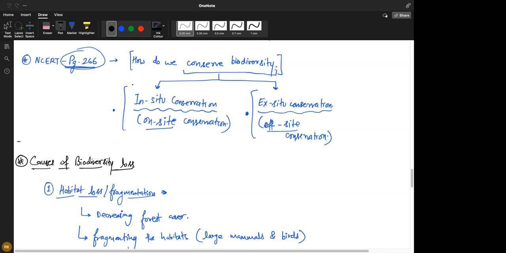So all of you have NCERT right now. Let's do a quick activity for this part. You have NCERT, everyone? Yes, sir. Okay, so Shaheen and Atif, come to page number 266 of your NCERT.